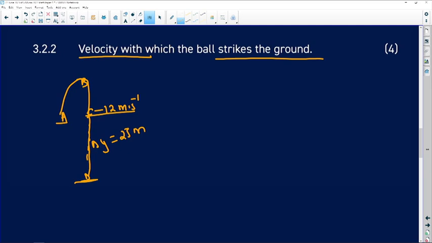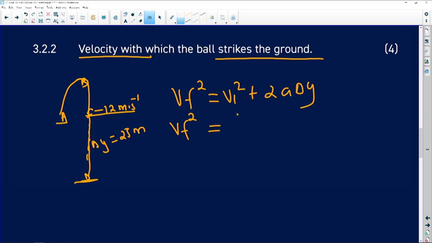We therefore go to our formula now. We must always avoid the formula that has time, because we don't know the time from C to D. So we can say VF squared equals VI squared plus 2A change in Y. Do we know the VF squared? No, we are looking for the final velocity. VF squared equals VI squared, which is negative 12.